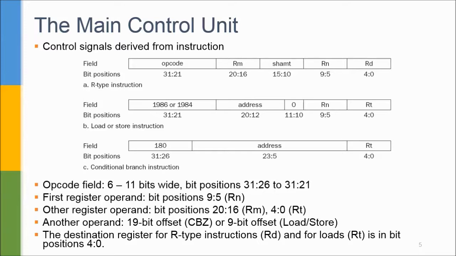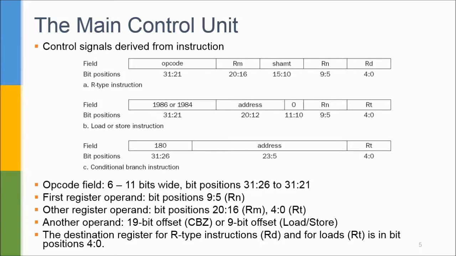Third, the other register operand is in one of two places. It is in bit position 16 to 20, which is Rm for R-type instructions, and it is in bit position 0 to 4, RT, for the register to be written by a load instruction. That is also the field that specifies the register to be tested for 0 for compare and branch on 0 instructions.